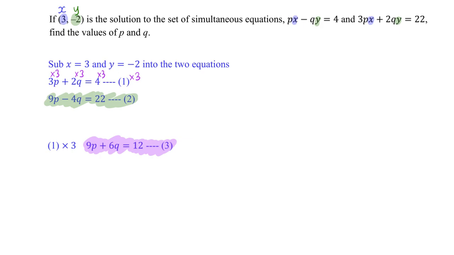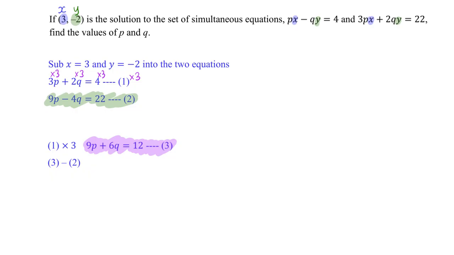And from here, I can then do 9p minus 9p, right? So I know that I'm going to have to subtract the equations. I'll have equation 3 minus equation 2. Alternatively, you can also use equation 2 minus equation 3.